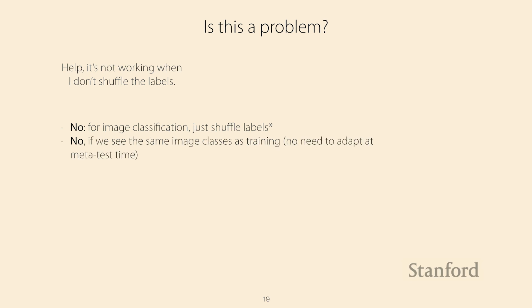Like I mentioned, it's also not a problem if you see the same image classes as what you saw during meta training. But it is actually going to be a problem in some cases if you want to be able to adapt with data for new tasks, and if you aren't looking at problems exactly like some of the few-shot classification problems that we saw before and that we've seen in the homeworks. So let's look at a few examples where this may actually be a problem.